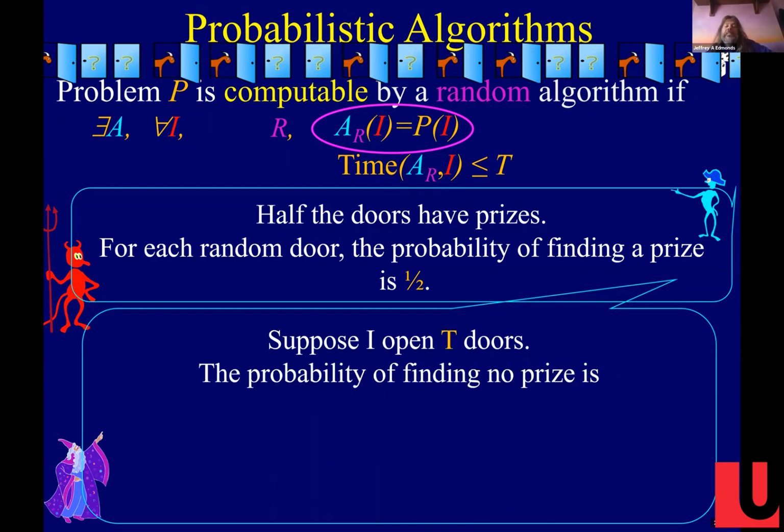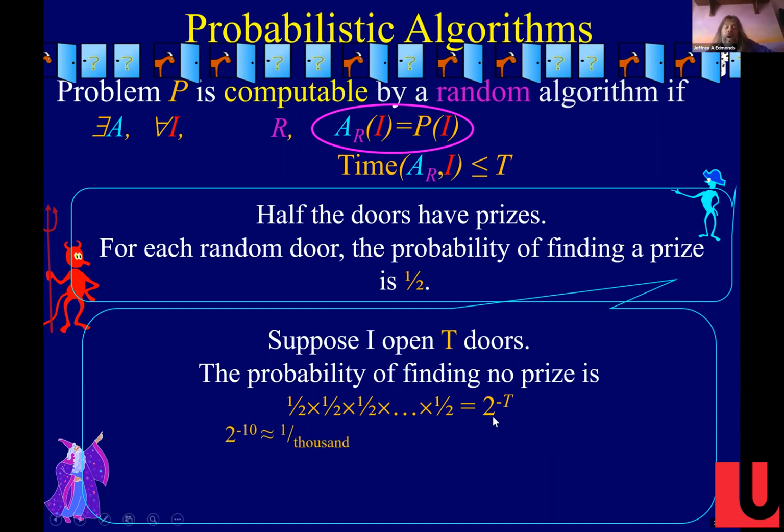So what's the probability I find no prizes? Well, I open up a door. It's a probability of a half, no prize. And then the next door, a half, no prize. What's the probability I get tails T times in a row? It's 2 to the negative T, which gets to be very, very small, right?